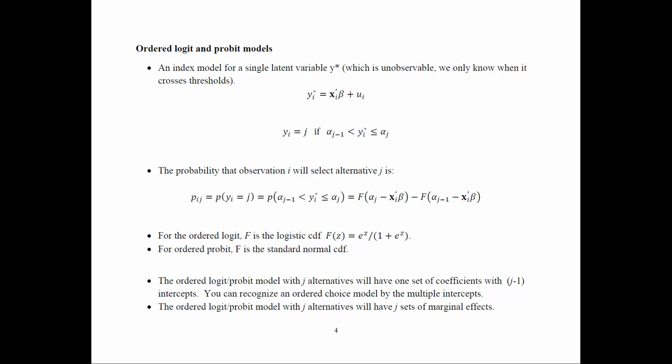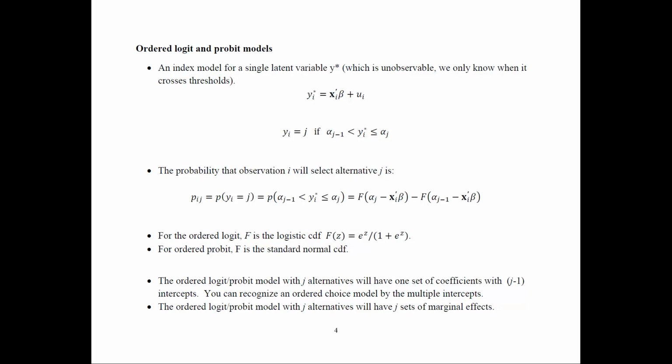One of the trademarks of the ordered models would be that if you have an ordered Probit or Logit model that has J alternatives, they will have one set of coefficients, but they will have J minus 1 intercepts that represent these alphas, the cutoff points. With 5 categories, you will have 4 intercepts.